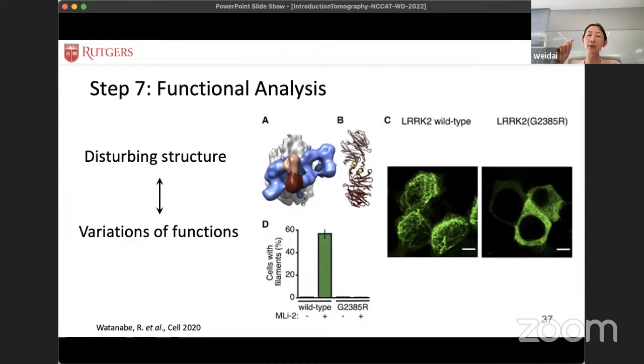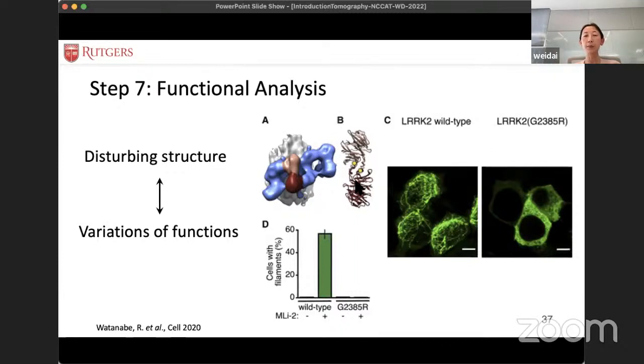And then they can perform genetics or mutagenesis. In the mutant, they can compare it with the wild type to see if mutation of that particular amino acid really leads to loss of dimerization and association with microtubules.